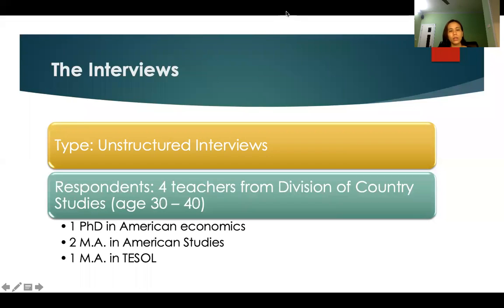So we conducted the informal talks or unstructured interviews with 4 teachers from the Division of Country Studies of that university, and they all teach the course of Introduction to British and American Studies, and they come from different backgrounds and education.